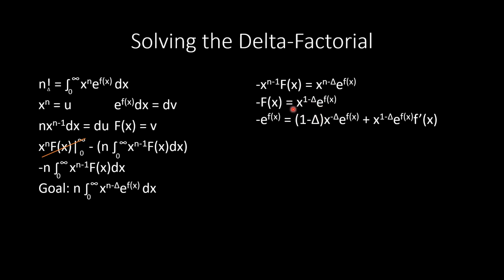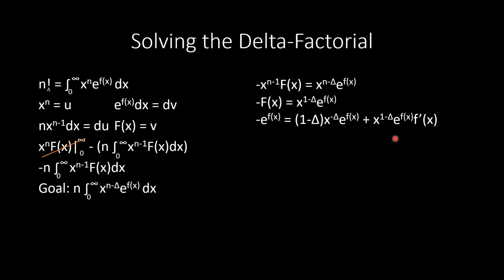The derivative of this left part will bring down this exponent and then subtract the exponent by 1, giving 1 minus delta x to the minus delta, multiplied by the right, e to the f of x. Then add it to this left, x to the 1 minus delta, multiplied by the derivative of the right, where e to a function is just e to that function times the derivative of that function.